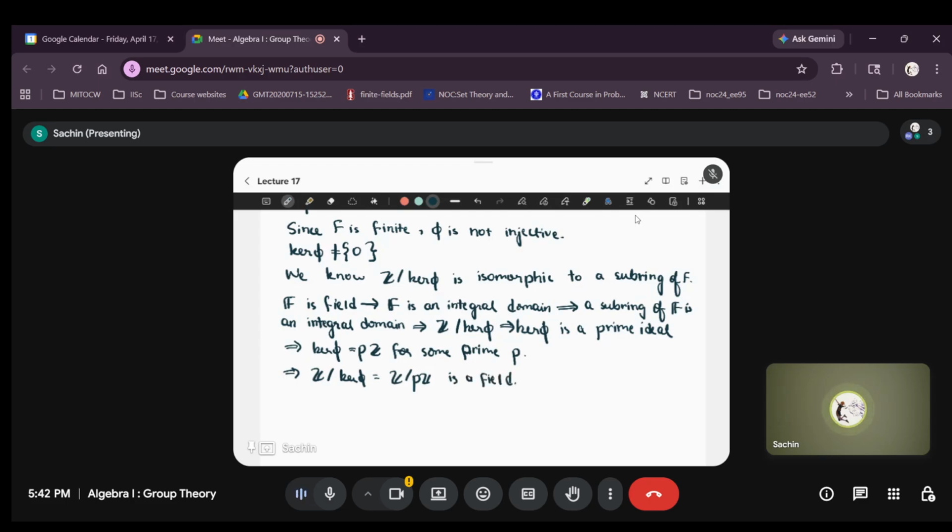So this Z mod kernel P that I took to be a ring initially, we didn't know whether it was a field or not. It turns out that it has to be a field.